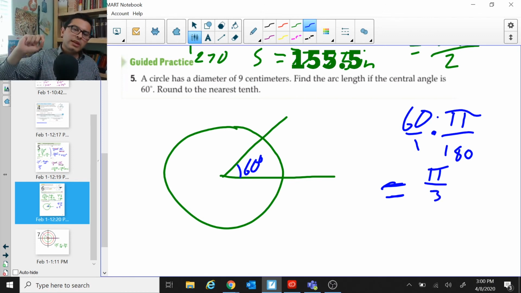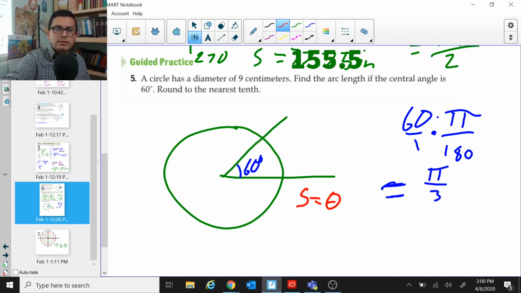Again, if you struggle on that, please put a little bit more effort and time into doing these types of problems. It's not bad if you can't do it, it just means that you need a little bit more practice. So now we're going to use our formula. Our formula is the arc length is going to equal theta times our radius. Well, we know both of those things. So our arc length will equal pi over 3, which is our central angle, times our radius, which is 9 centimeters.